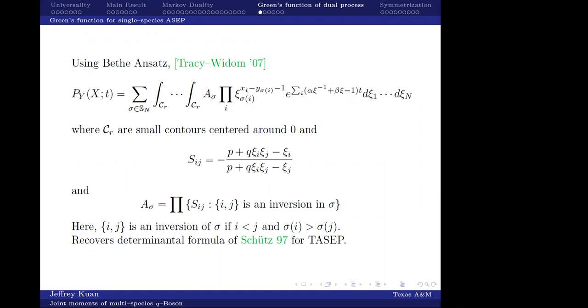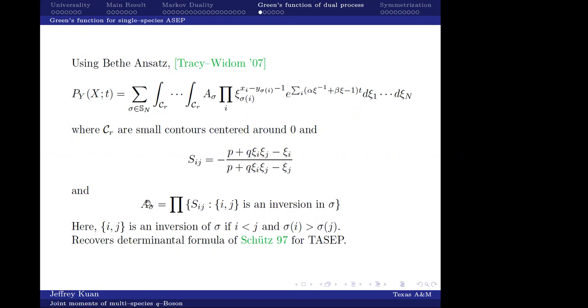So once you have the finite particle system, you need to analyze it somehow. So I'm going to show you the result for ASEP to see what these formulas look like. So for ASEP, if you have particles starting at y, you want to know the probability to end up at x. You have a sum of contour integrals, the sum over permutations of n letters.